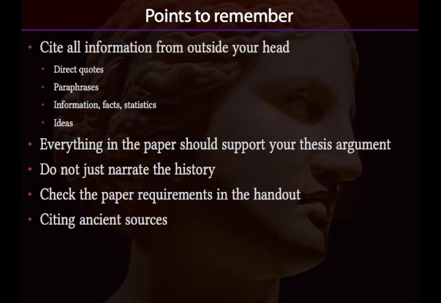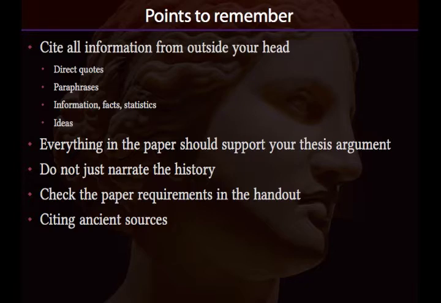So you may, in some cases, only be able to give something like Euripides' Bacchae. But ideally, if you can give a section number or a line number, that is what you should do. And then in your bibliography, you need to give information about the translation that you used.